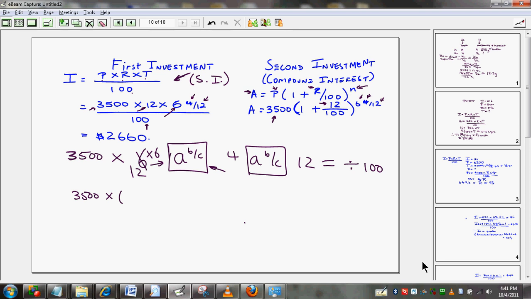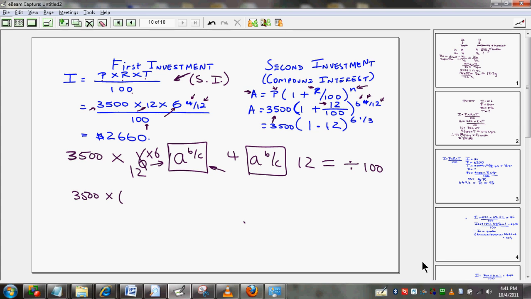So this here should really be 1.12 raised to the power of 6 and 4 over 12, which is the same thing as 6 and 1/3, because 4 into 4, 1, 4 into 12, 3. And this 3,500 will still be 3,500. Okay? So this is the part that we need to be aware of.